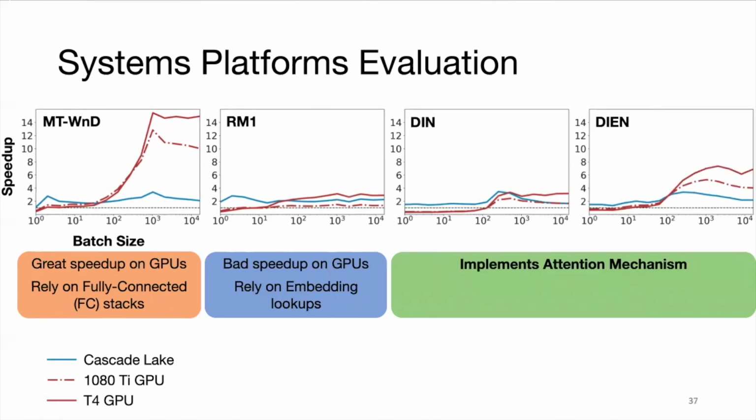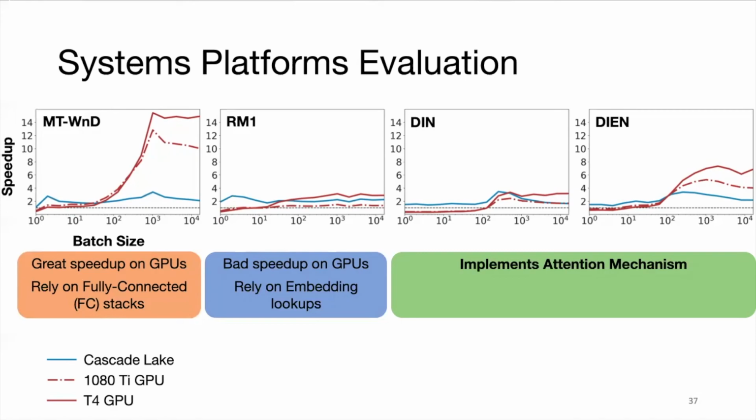Next, we want to talk about how different model architecture implementations of a high-level idea, like the attention mechanism, can have different system performance implications. These are 2 models used by Alibaba in their services: DIN, the Deep Interest Network, and DIEN, the Deep Interest Evolution Network.